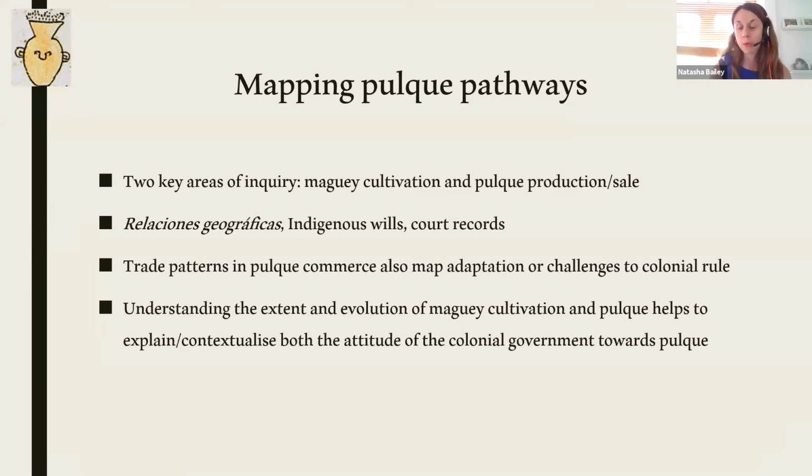I've also looked at wills left by indigenous testators, and from these we can see that maguey plants are a very common thing to bequeath to others in wills, a pretty prominent sign that these are objects of real value in native communities. And I've relied a lot on court records, so petitions that were brought by pulque producers to the Audiencia, the appellate court in Mexico City.